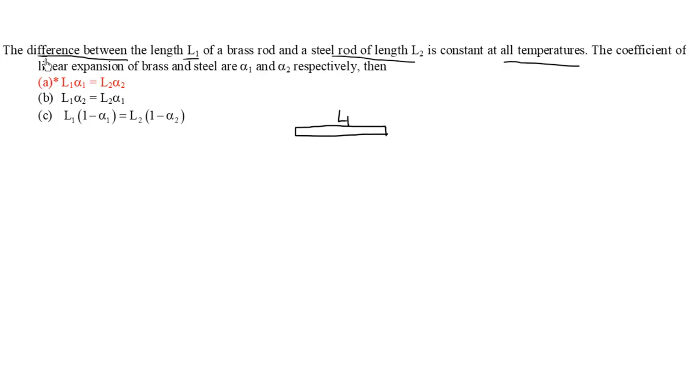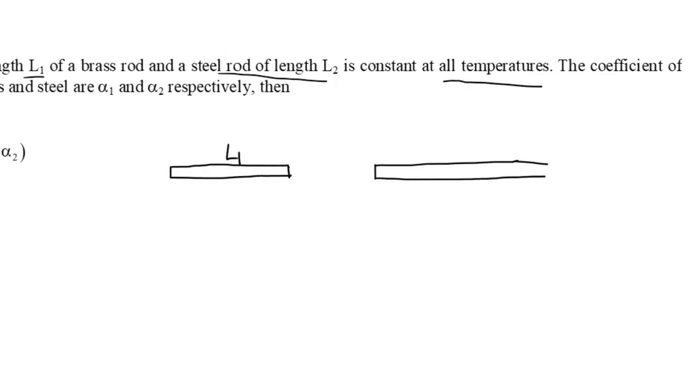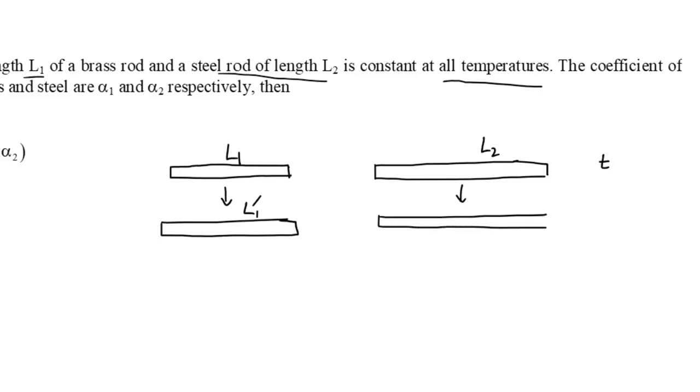This one has length L1 and the other has length L2 at some temperature T, and when the temperature is raised, suppose this has length L1 dash and this has length L2 dash.